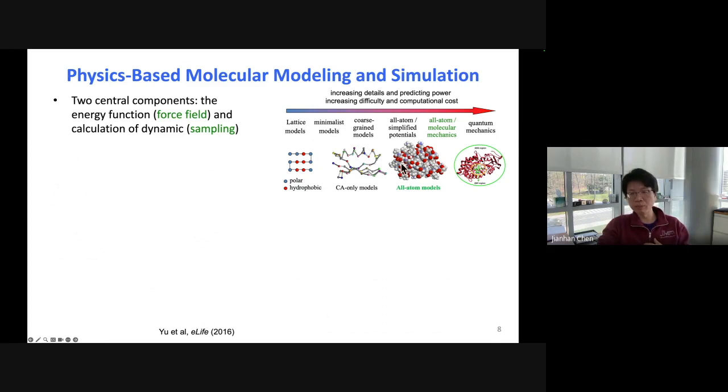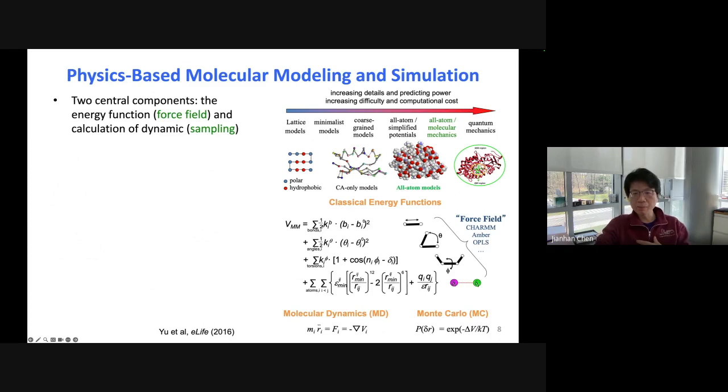And the more typical model is the so-called all-atom model, where we represent each atom in a molecule explicitly. Of course, if you want to look at enzyme reactions, you can use even higher resolution. You can start to describe valence electrons, so that you can study chemical reactions.